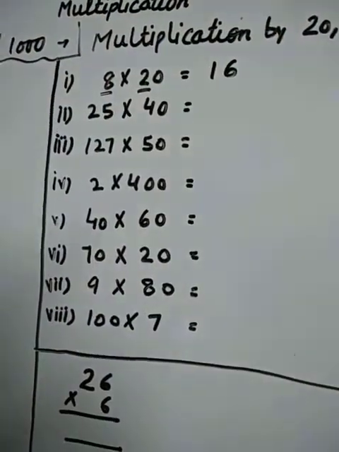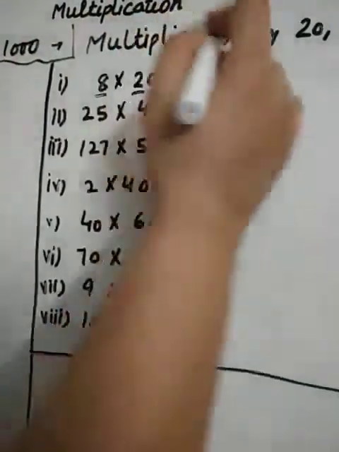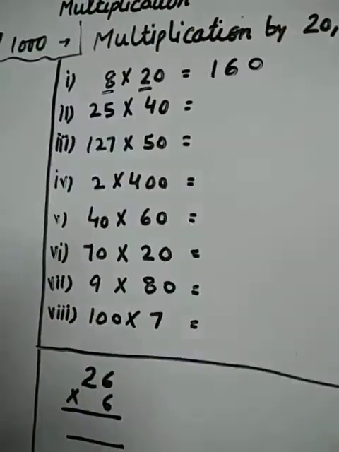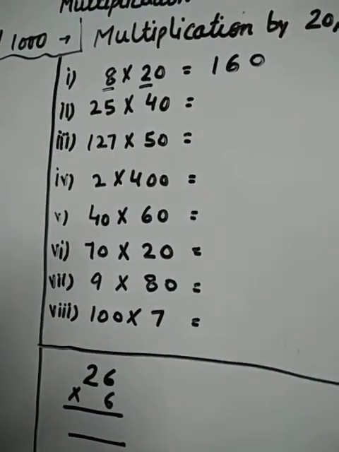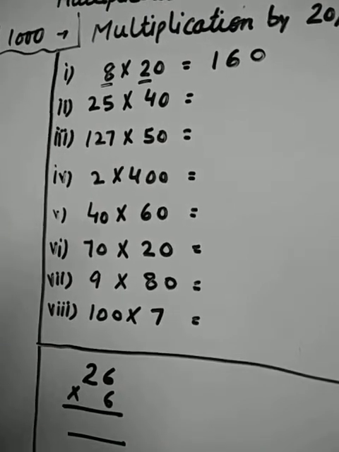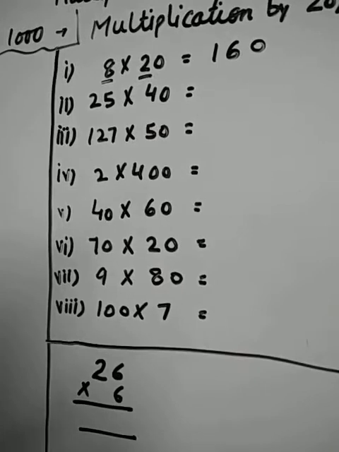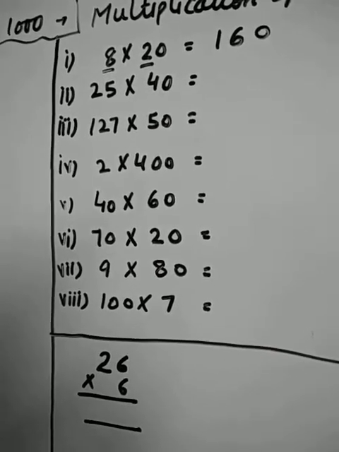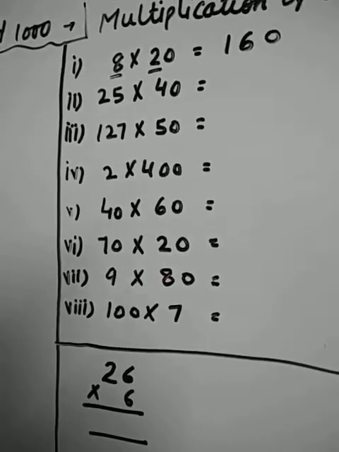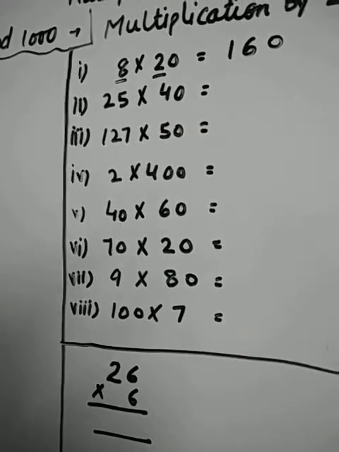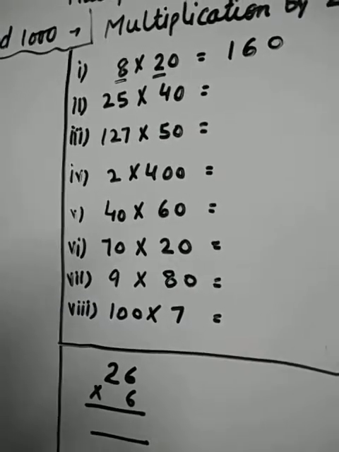And how many zeros are there? 1 zero. So my answer will be 160. See students, you have to learn the tables by heart, because in multiplication we need to learn the tables on the tips. We have to learn the tables well. Only then can we do the sums.